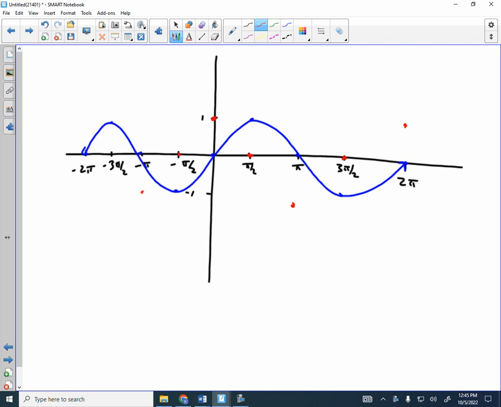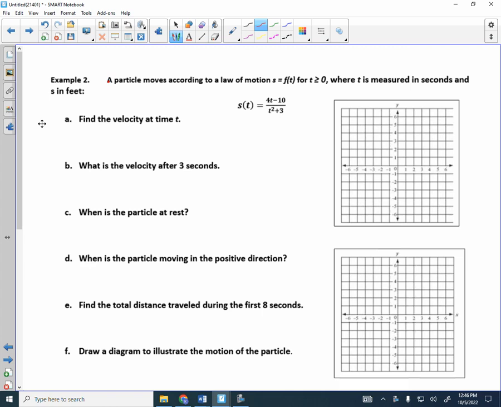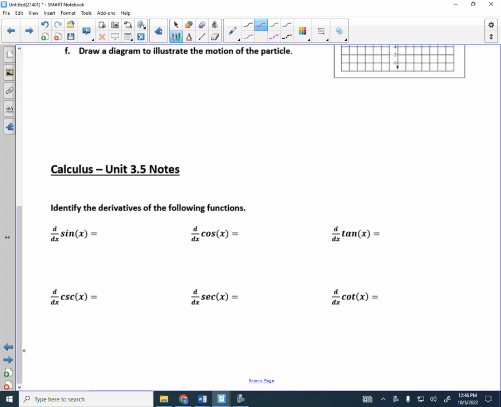So it's interesting that if you look at the derivative of sine, it turns out that the derivative of sine is cosine. Now that's not a proof, that's just a general argument, but if you were to just look at the graph and try to draw it, that's what you come up with. And so you see that in this situation we have these operators. It says d over dx.